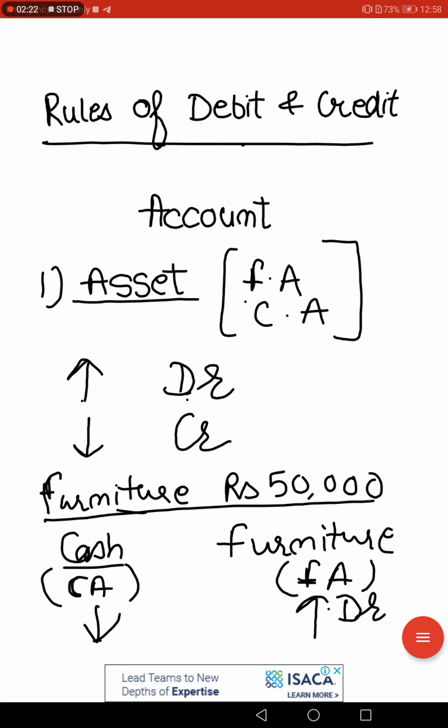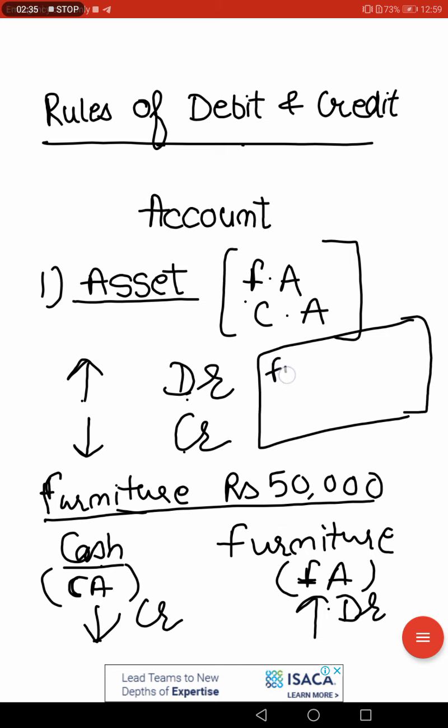There is decrease in the cash, so you will credit the account. So the entry will be, I am writing the entry over here: furniture account debited to cash account, right? So this will be your journal entry.